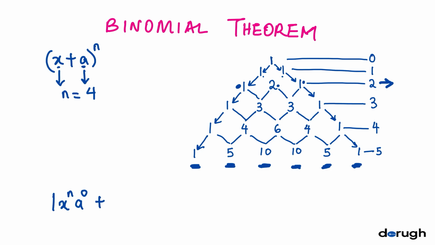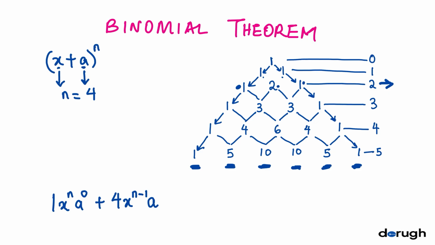The next coefficient is 4. x is still first, but now we have to reduce the power of x by 1. So it becomes n minus 1. And then a gains a power, which is from 0 to 1. The next is 6. We have x. We reduce the power of x again, so it's now n minus 2.